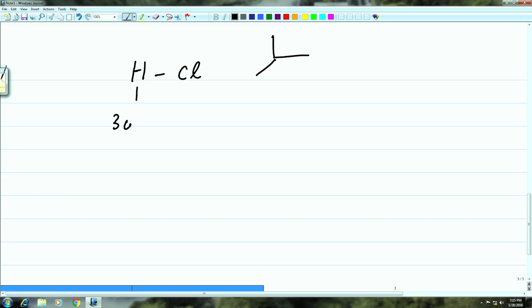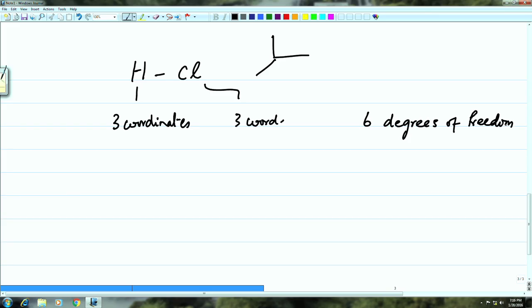Hydrogen atom has 3 coordinates, that is 3 degrees of freedom, linear degrees, and chlorine has another 3 coordinates. Therefore, the molecule has 6 degrees of freedom, or 6 independent coordinates, as we call them.